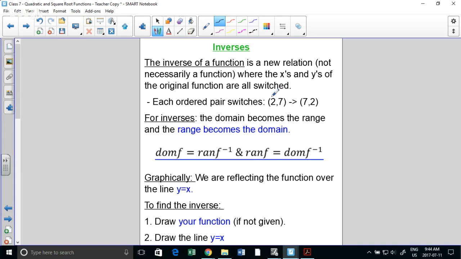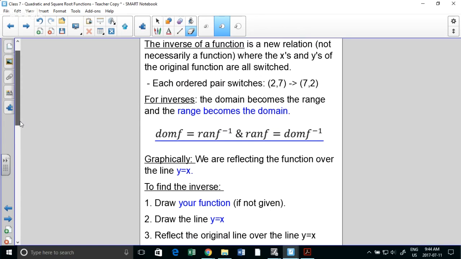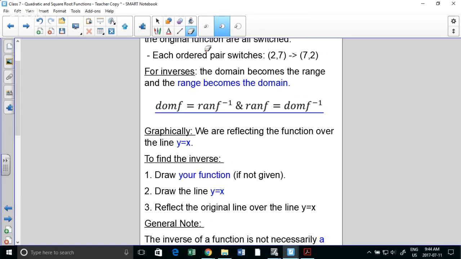Each ordered pair switches, so (2, 7), we flip them over, becomes (7, 2). What this means is every single point in the domain becomes the range. So all the x's become y's, and the range becomes the domain. All the y's become x's. So that's just what this means in a little bit more formal term.